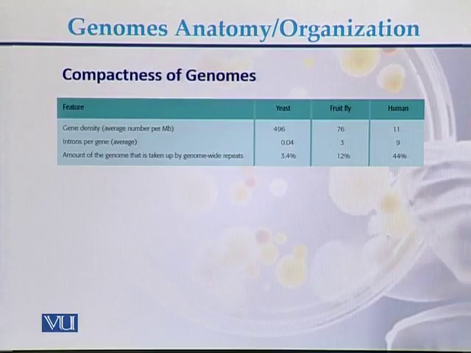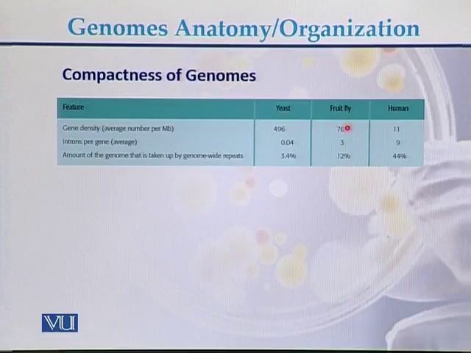Compactness of the genomes. There is also a comparison between the compactness of the genomes concerning the gene density, the introns per gene, and the amount of genome that is taken up by genome-wide repeats. In case of yeast, the gene density is 496.